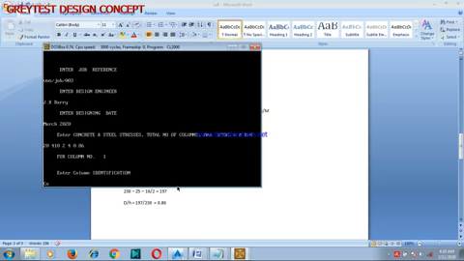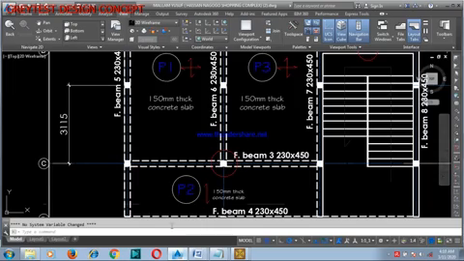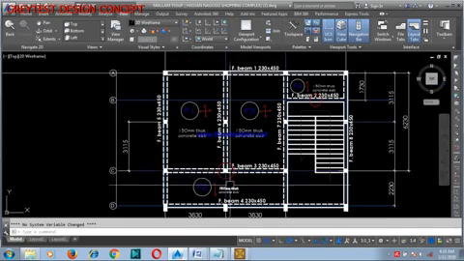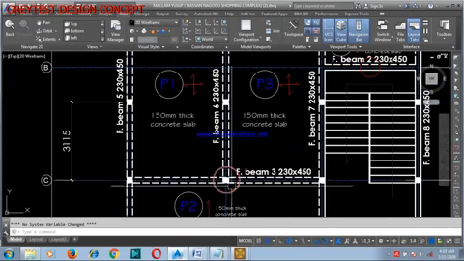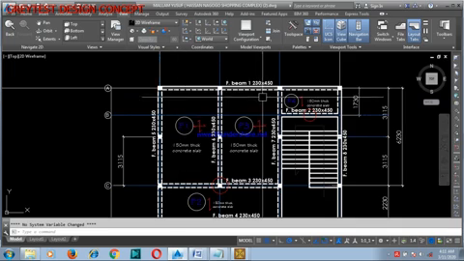Now column 1. Okay, the column we want to design is a uni-axially loaded column. Now this is a biaxially loaded column.